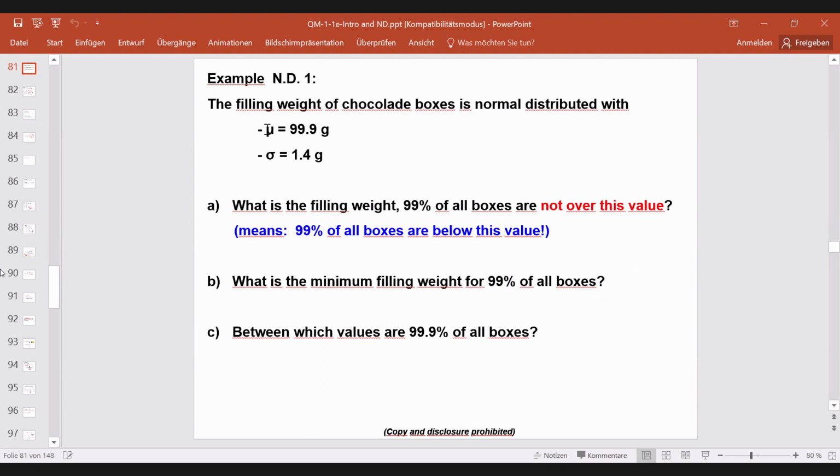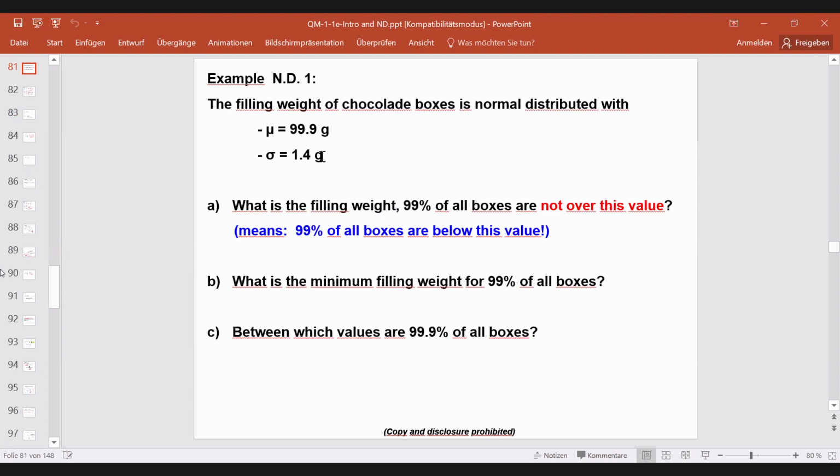On the box, you can read 100 gram. Usually this is the weight, but the weight is not every time exactly 100 gram. So this means you have a production where the mu value is 99.9 gram and the standard deviation is 1.4 gram. So we can answer three questions with these tables.